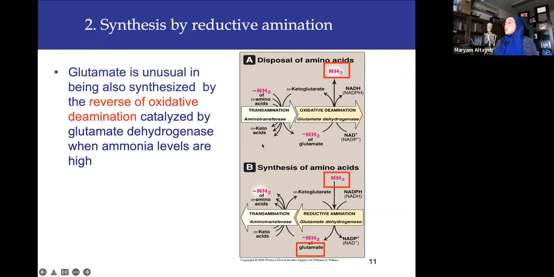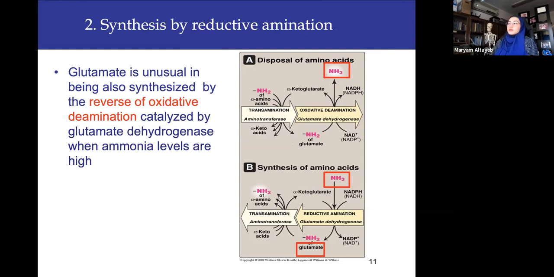So what does that mean? You guys remember in high school you learned about redox reactions? And so specifically what happens with glutamate, you can do both. You can make it by transamination and you can also make it by reductive amination.